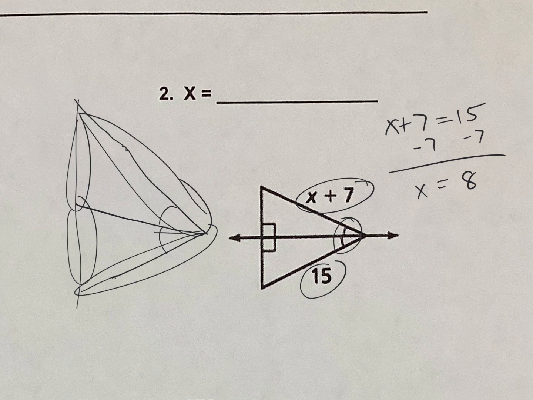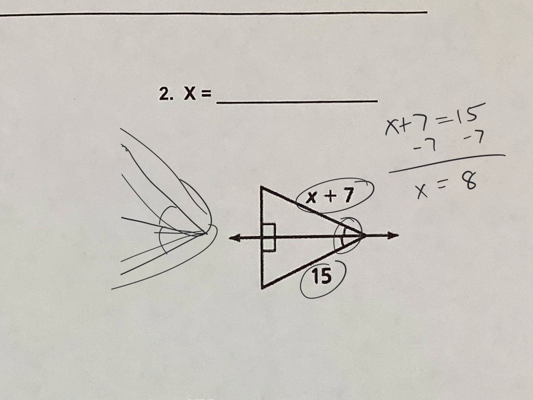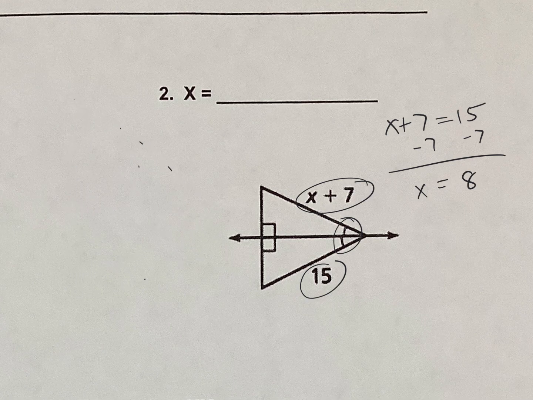But in this case, these two triangles are congruent to each other. Can you see why? You have the reflexive side, angle, side, and angle. Angle, side, angle is why those two triangles are congruent to each other.